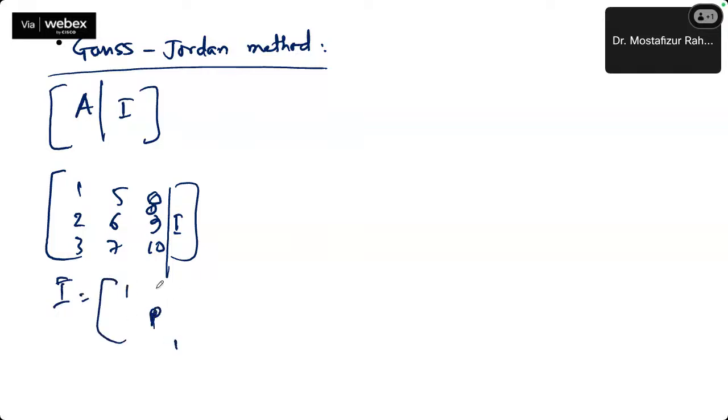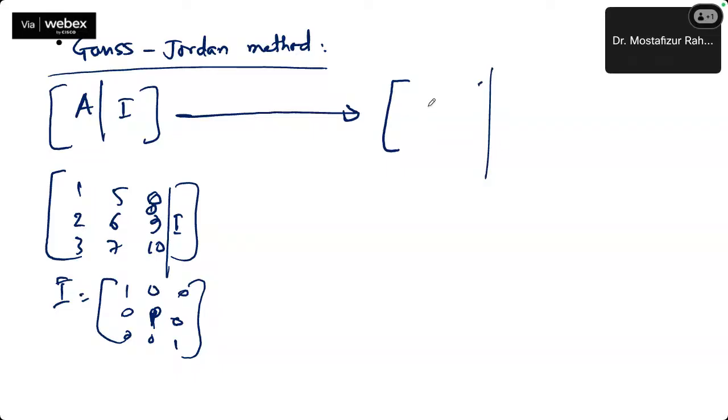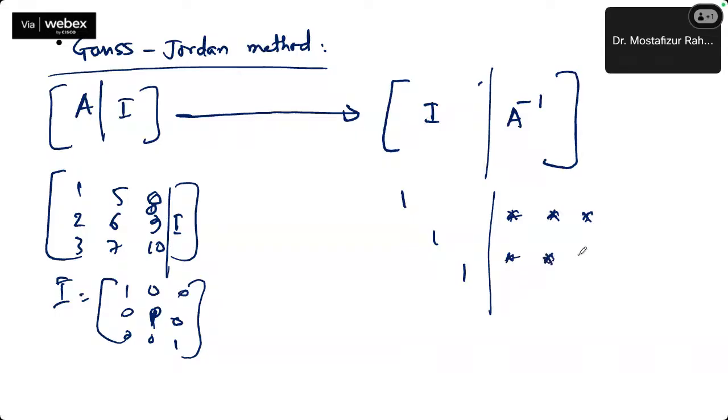Then after doing all the row operations, we do several row operations such that here we get an identity matrix and here we get A inverse. So the first part will become the identity, and all the elements here will be the components of A inverse, right?